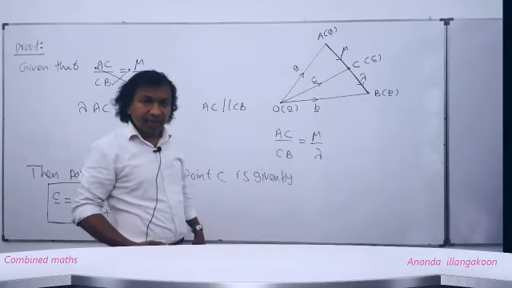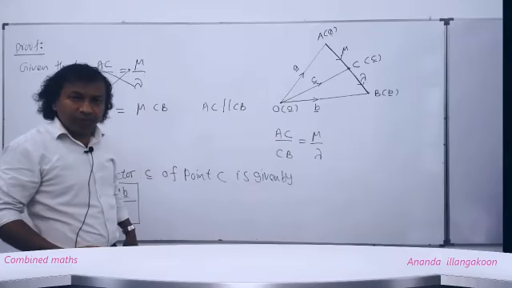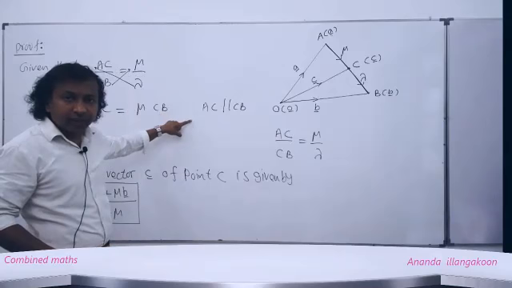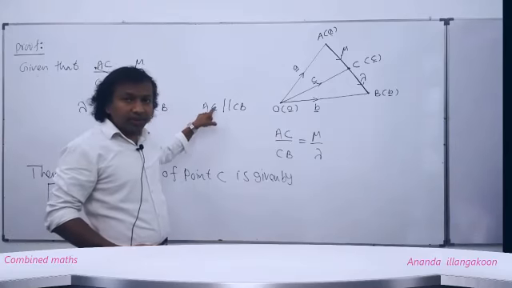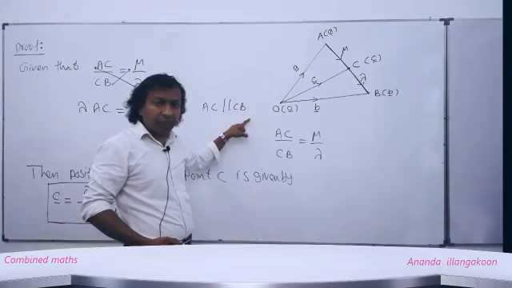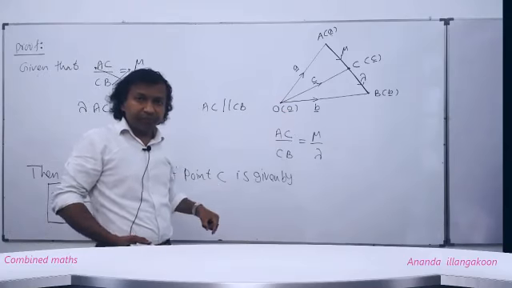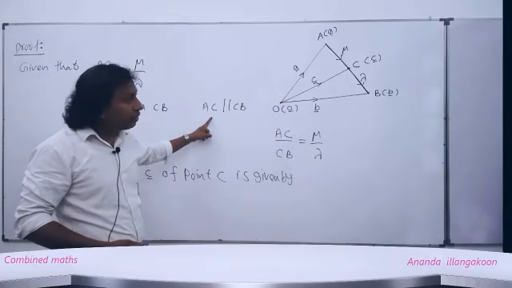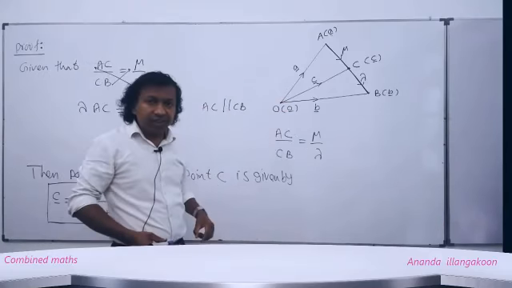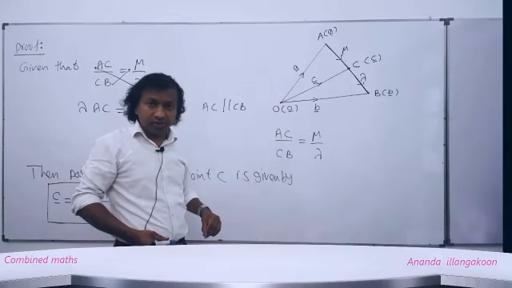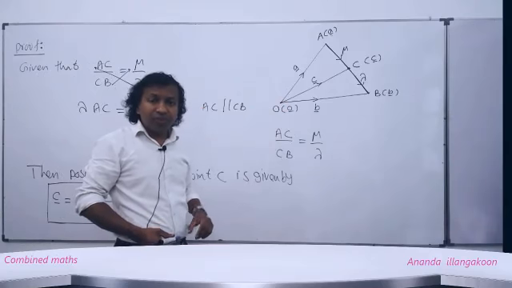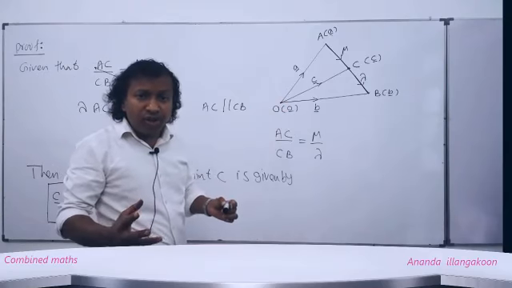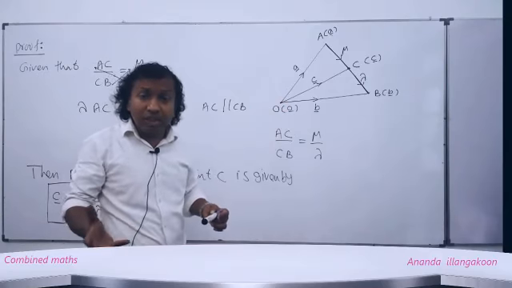Right? Then how many properties do we have, people? Left length equal to right length. Left hand side line segment and right hand side line segment are parallel because they lie on the same line. And the other one, A to C directed direction and C to B directed direction also being equal. So therefore, people, these three qualities together are what we need for two vectors to be equal.